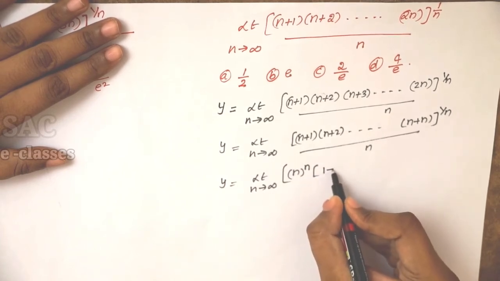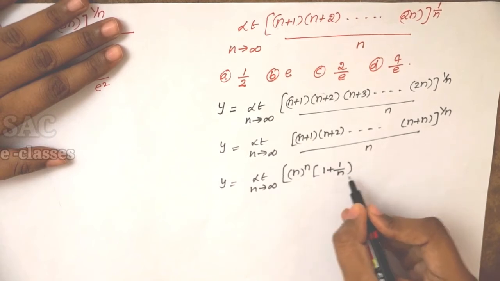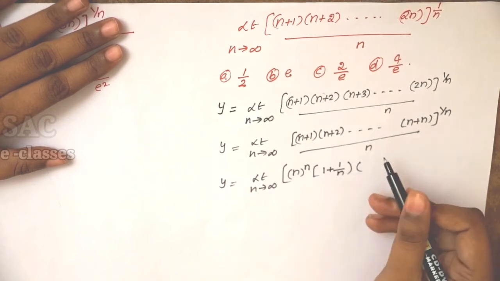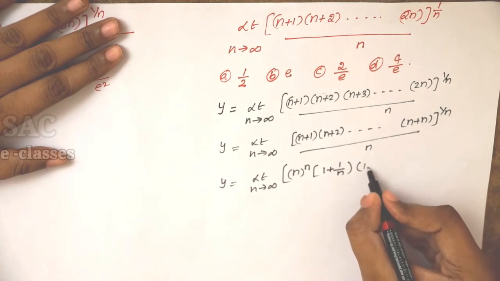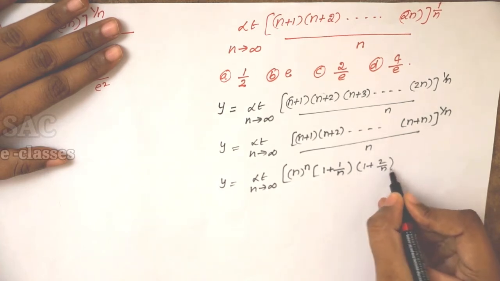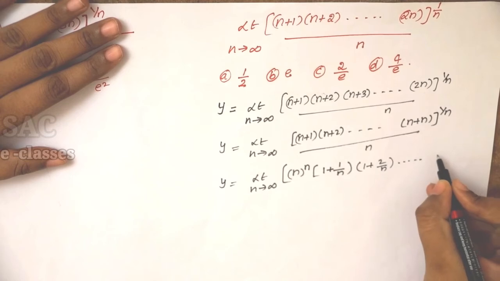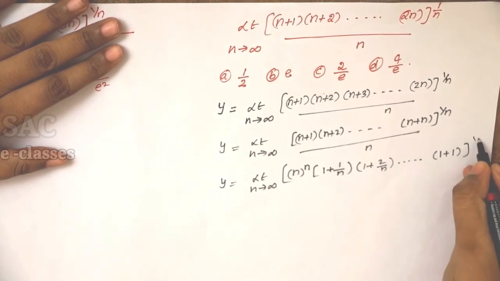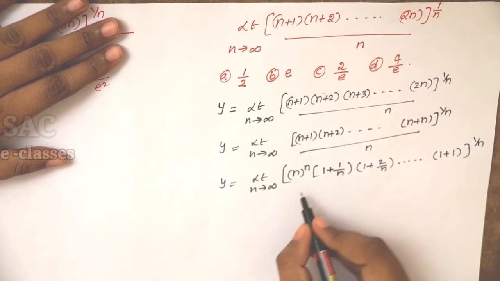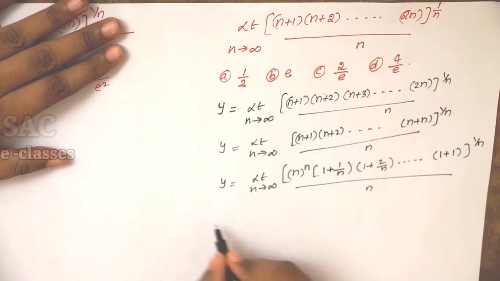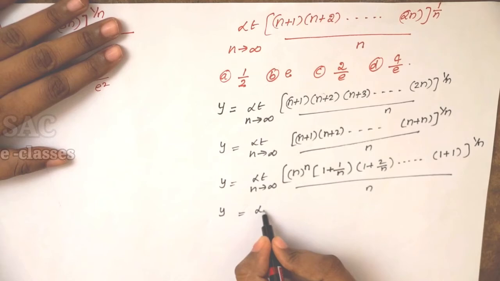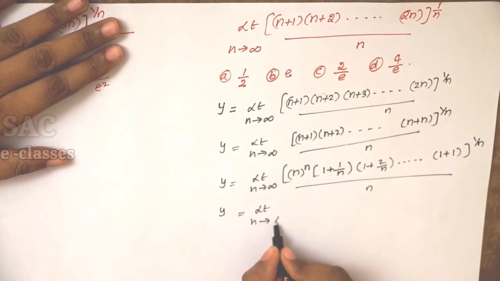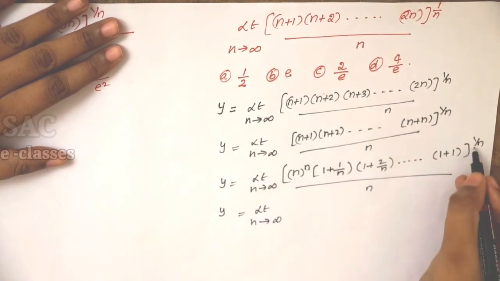So what will happen? n plus 1 will become 1 plus 1 by n. n plus 2 will become 1 plus 2 by n. And so on, 1 plus 1 whole to the power of 1 by n, whole by n. Then y is equal to limit n tends to infinity, n power n and 1 power n.